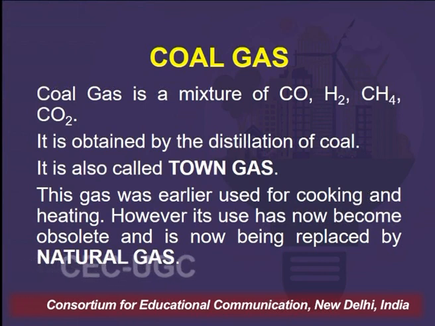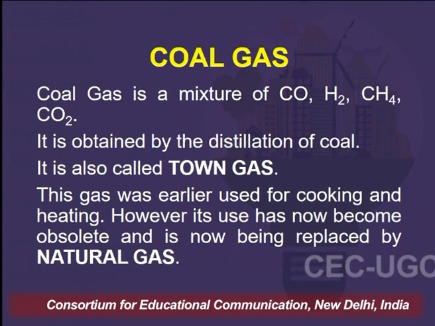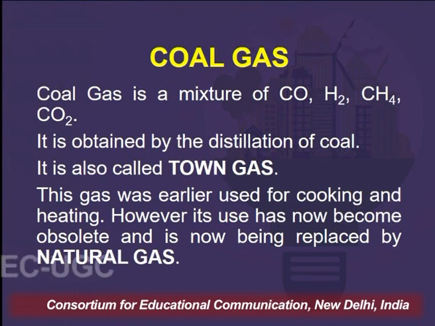Coming to the detailed discussion of coal gas, it is a mixture of carbon monoxide, hydrogen, methane and carbon dioxide. It is obtained by the distillation of coal. Coal gas is also called town gas.